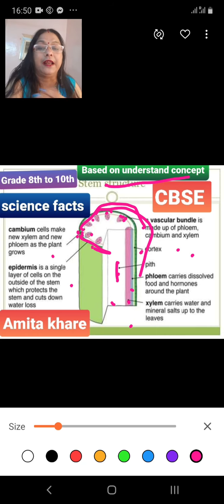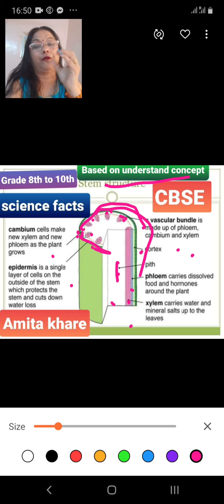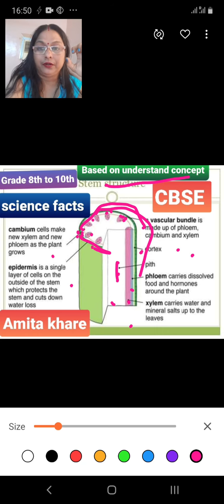Second, cambium cells make new xylem and phloem as the plant grows. Third, the vascular bundle is made up of phloem, xylem, and cambium, along with the cortex and pith. Phloem carries dissolved food and hormones around the plant. Xylem carries water and mineral salts up to the leaves.